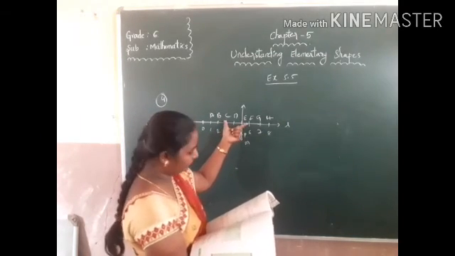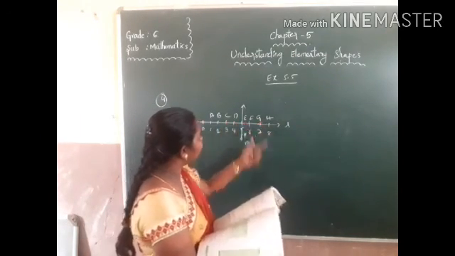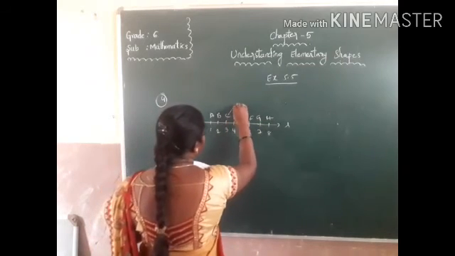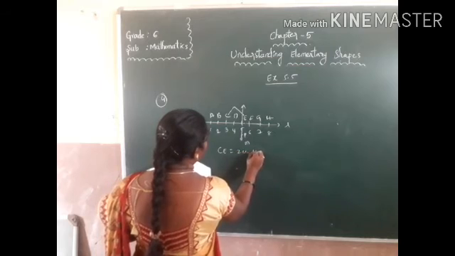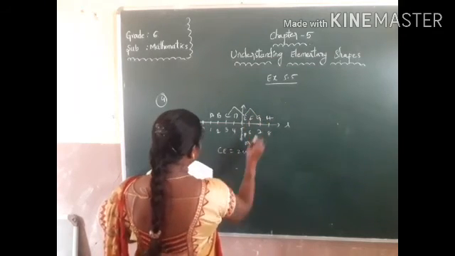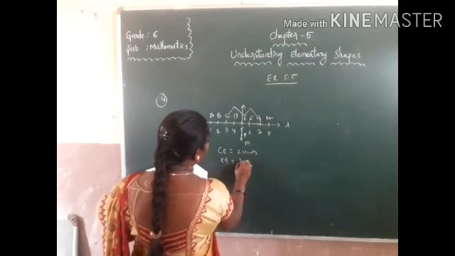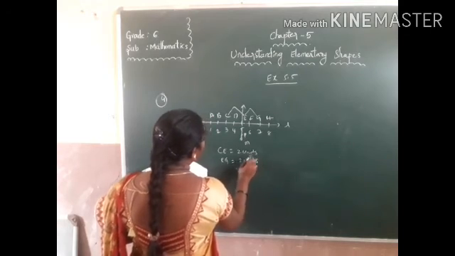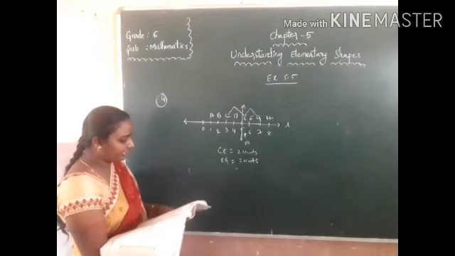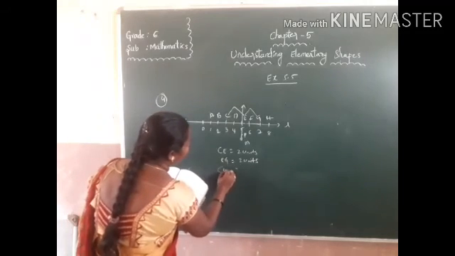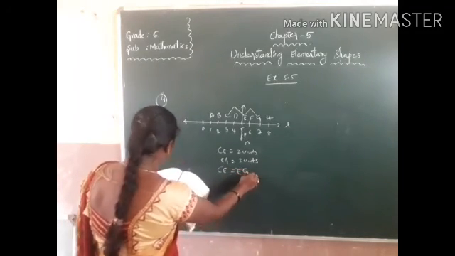So CE, what is the length between C and E? Yes, 2 units. But E and G also have 2 units. Now tell me, is CE equal to EG? Yes, so you write CE is equal to EG.